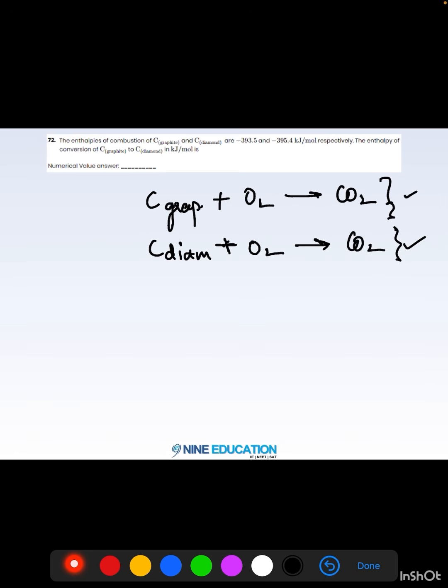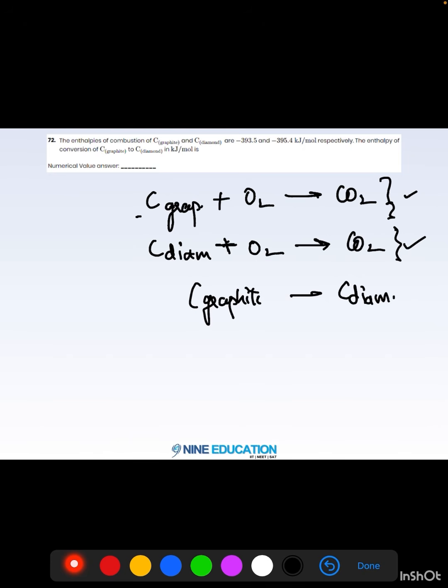Now we are looking for the conversion of C graphite to C diamond. So we want C diamond to be on the right side: C graphite to C diamond, we need the conversion.